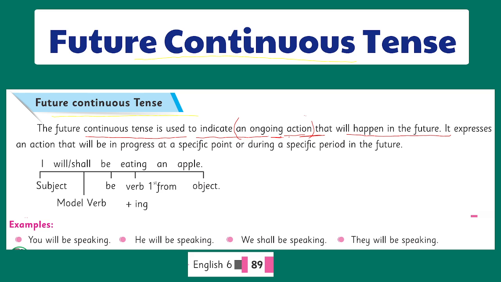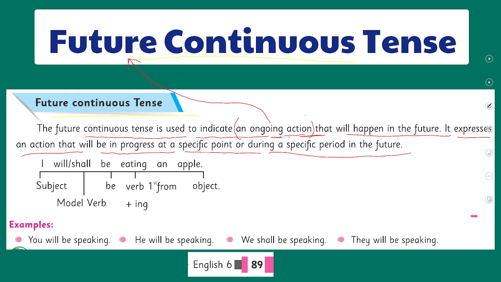They are continuous actions, but that continuous action has not happened yet. It will happen in the future. So this is what the future continuous tense performs or is used to do in language. It expresses an action that will be in progress at a specific point during a specific period of the future.